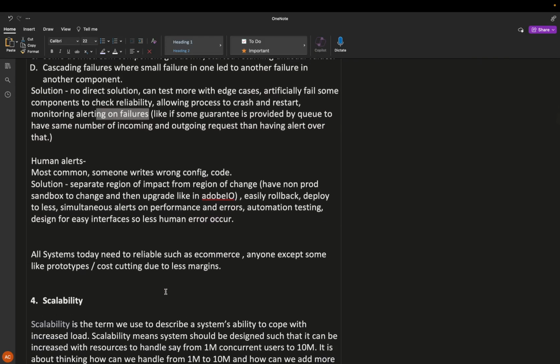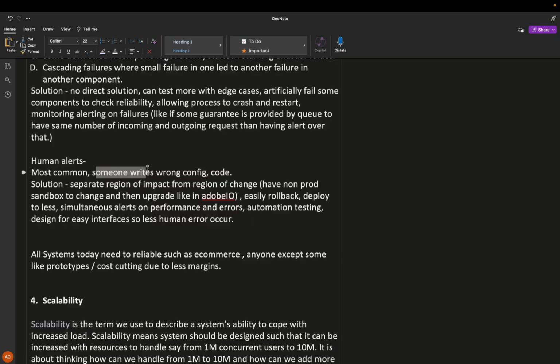The third type of faults is human faults, which are most common. These are like someone wrote the wrong config or wrong code. These can be solved on some basis. Like maybe we can separate the region of impact from the region of change.